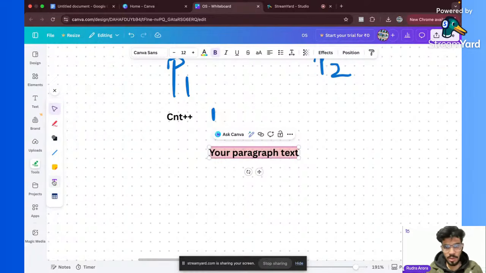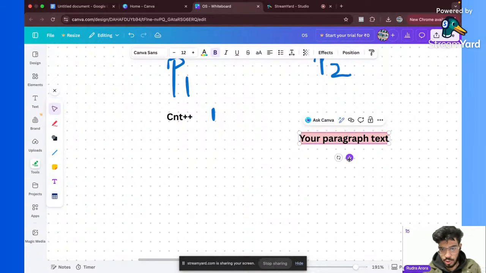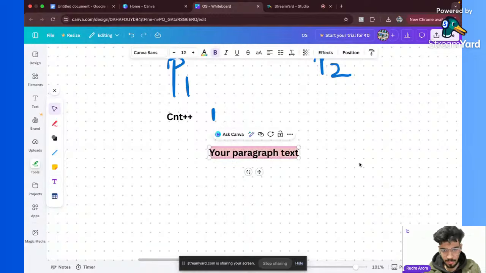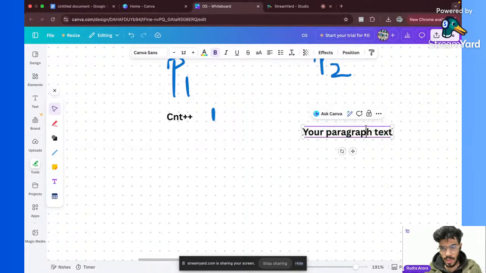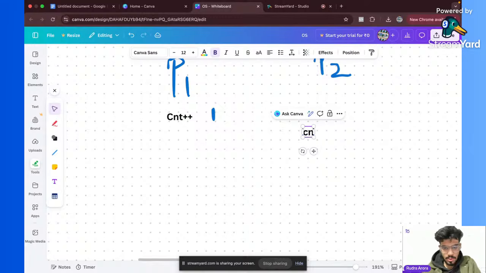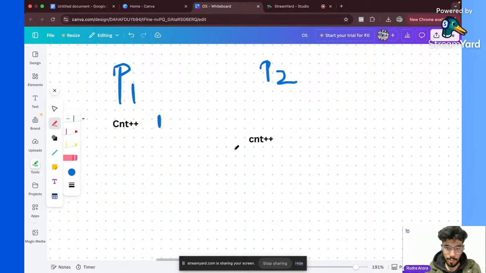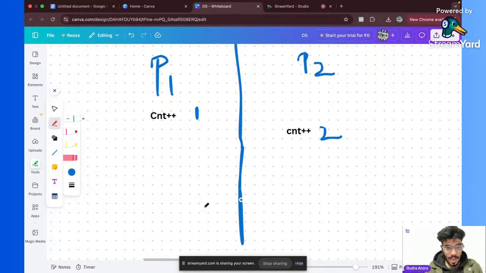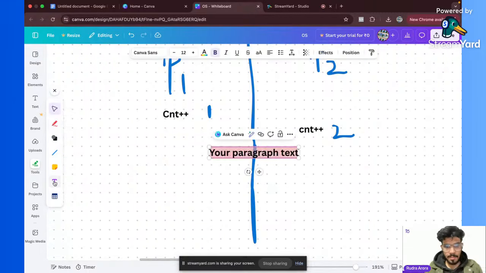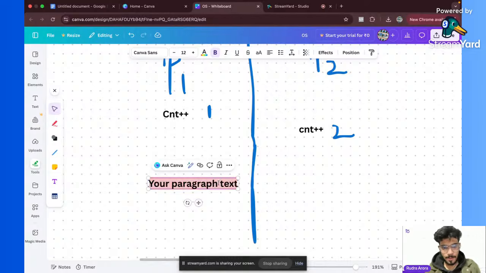After that, P2 also comes in and does count plus plus. Now the value of count would be 2. There is another part that has to be performed by P1: it has to print the count, cout count.